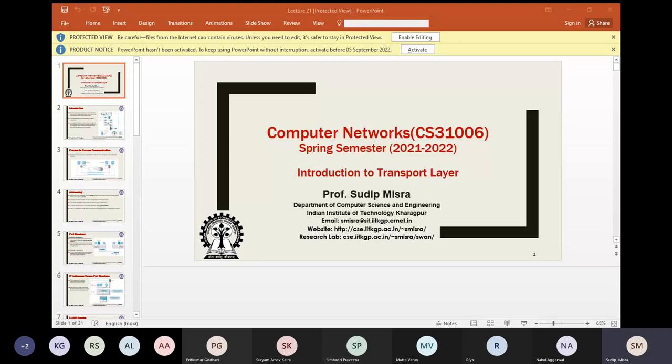At the client end also, if you look at a single client, the packets from different processes all have to be multiplexed at the client end and forwarded as different packets.